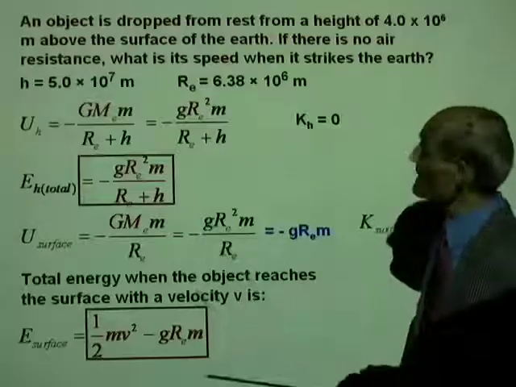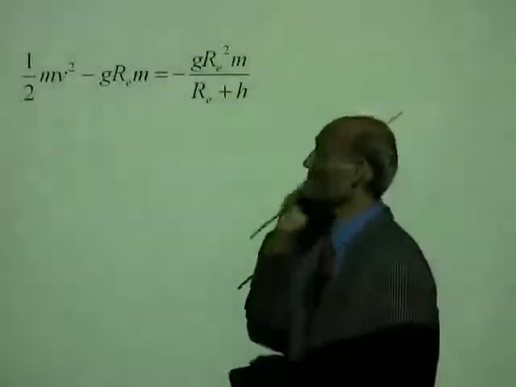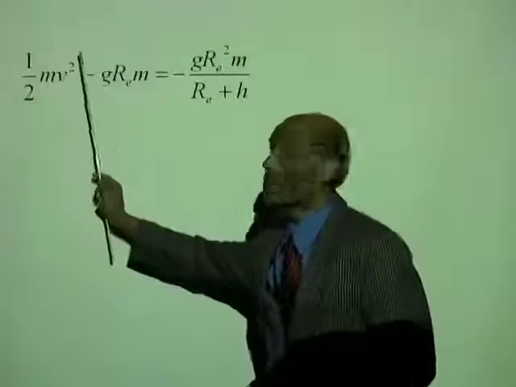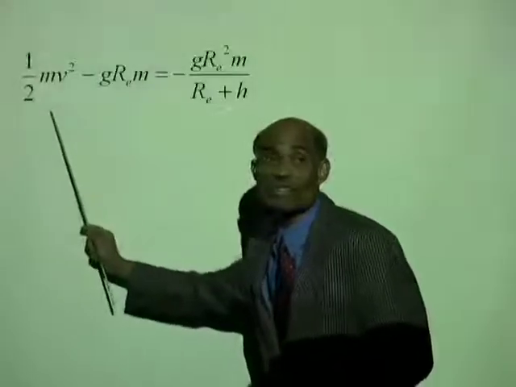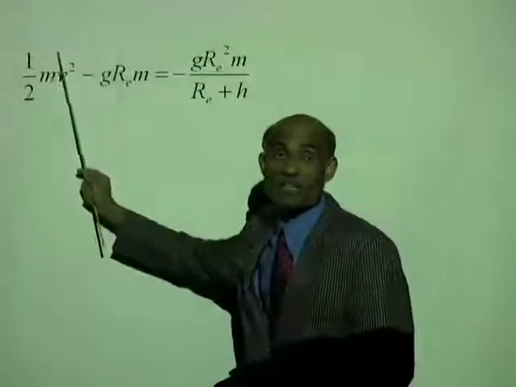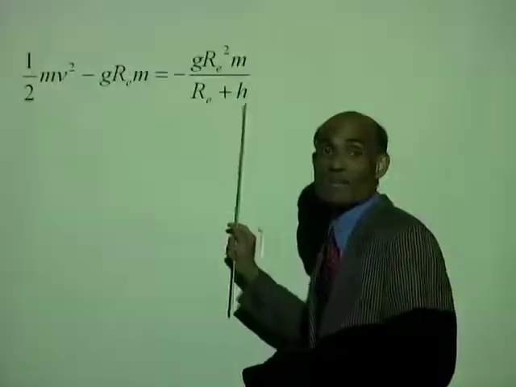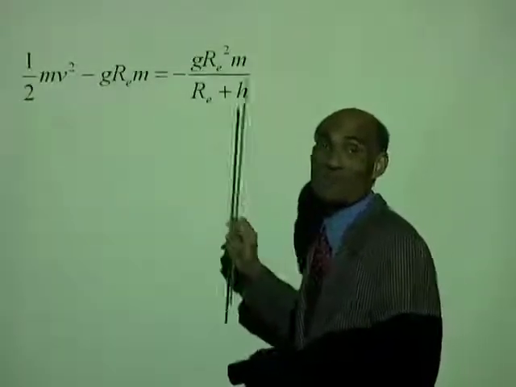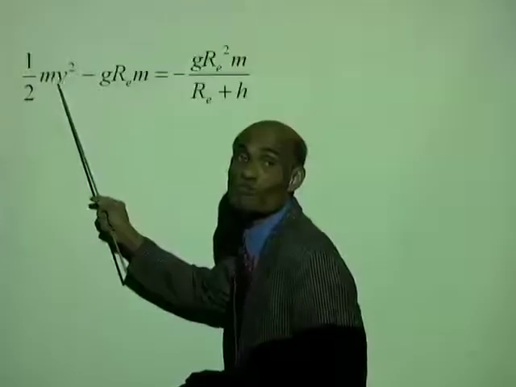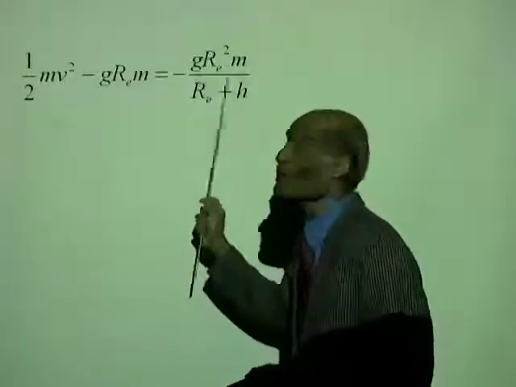Let's go to the next slide and equate these quantities. Now, I took those two quantities. This is the total energy on the surface when it reaches. This is the total energy at the height h. And we need to solve for this v. Can you do this on your own?